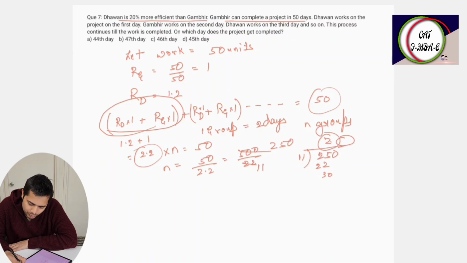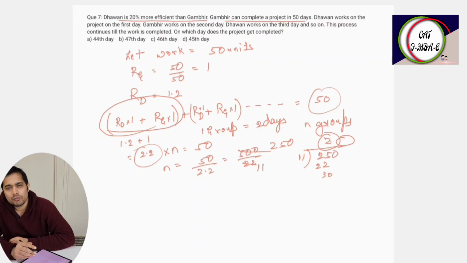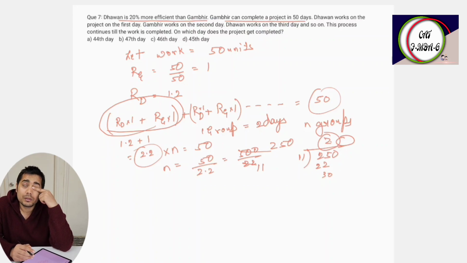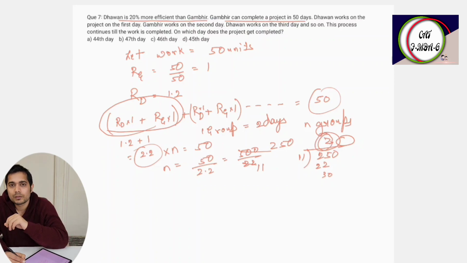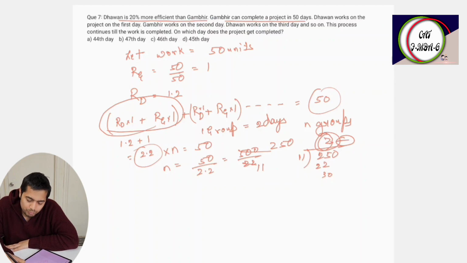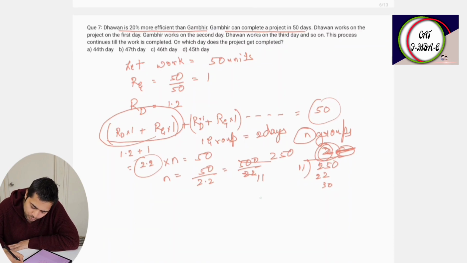If these kinds of questions come, then you do not have to take anything after the decimal point. Just take the 22, do not even calculate the point part. So definitely n is at least 22. And one group is of, sorry, 2. Wait.